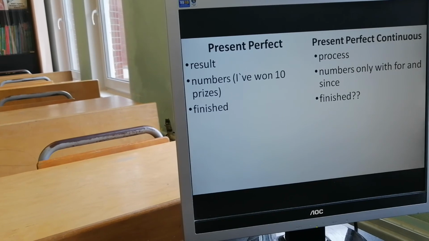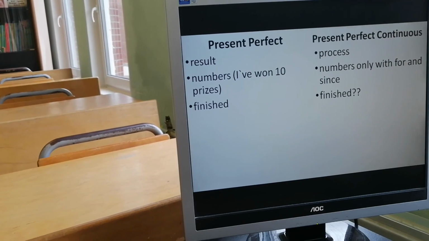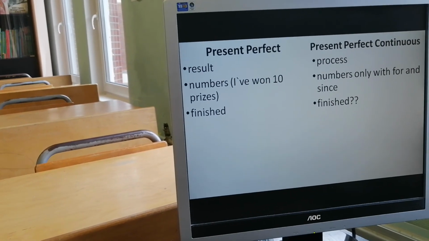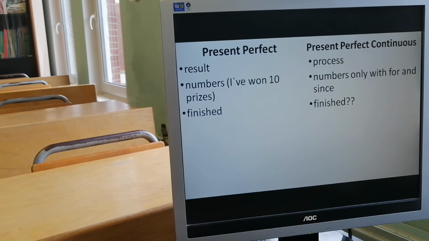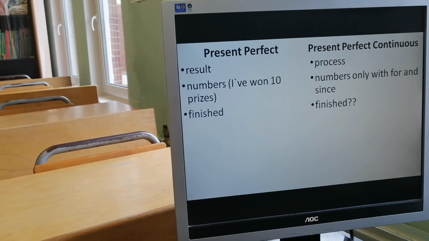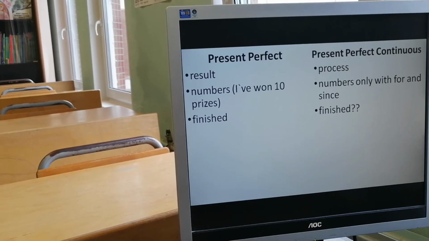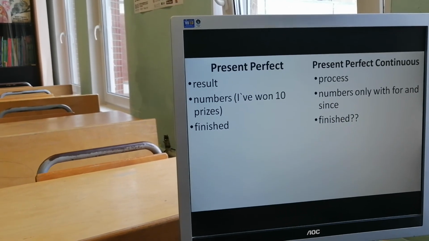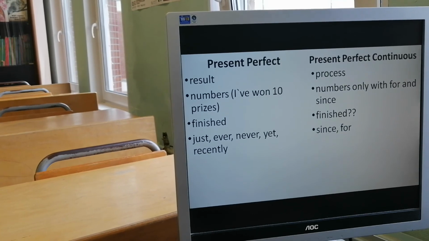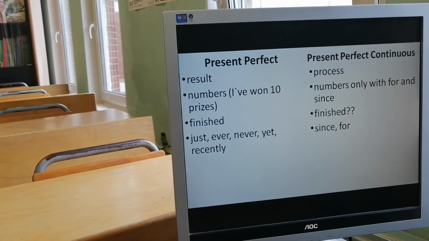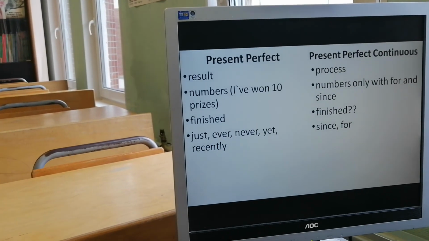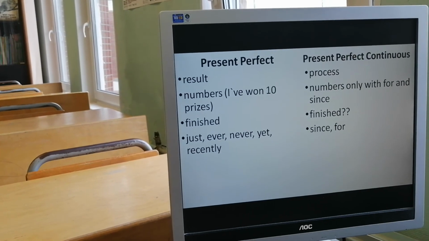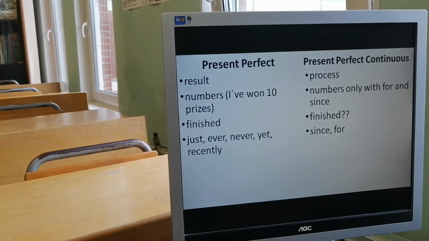I have been doing my homework since 9 o'clock in the morning. Doesn't necessarily mean that I have already done it. Right? Markers: the only markers for present perfect continuous are since and for.